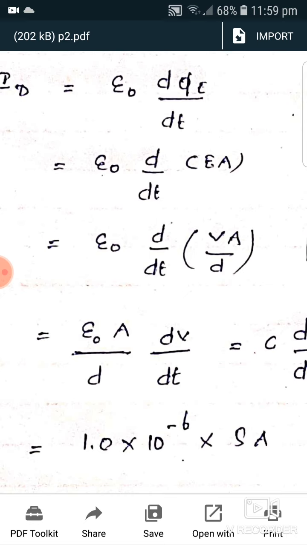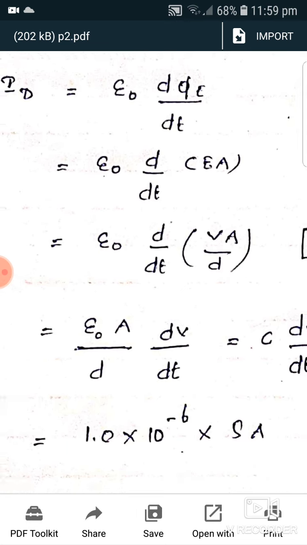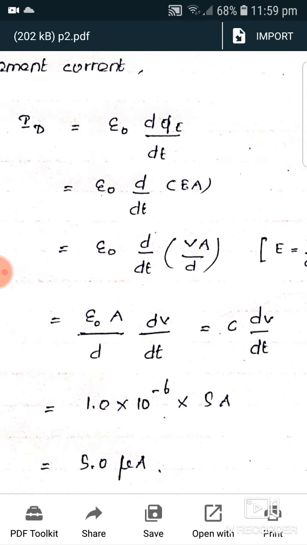So the equation becomes ε0 d/dt (VA/D). Writing A in front, with some interchange, it becomes ε0 A/D times dV/dt.